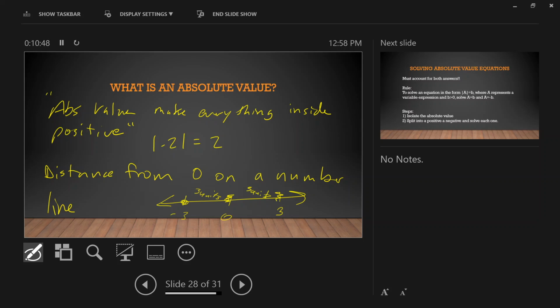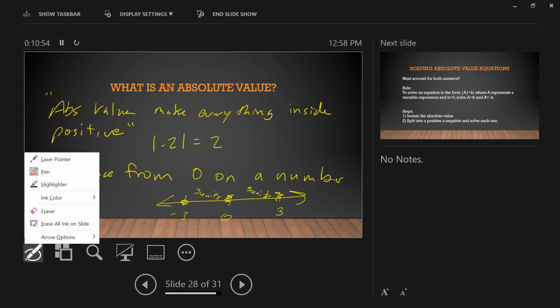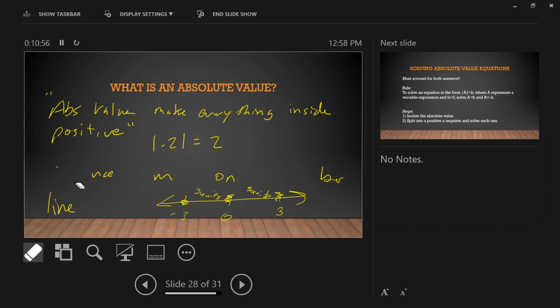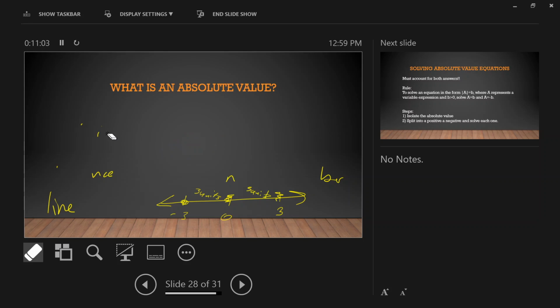All right? So where that presents a problem for us is when we solve things. Because if I need a little space here. Hopefully you had that written down. So where I run into a problem is solving these because of this.